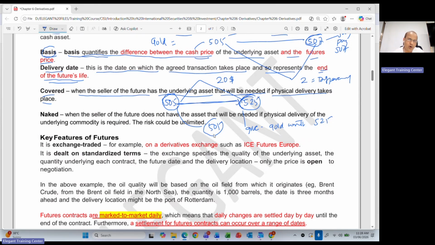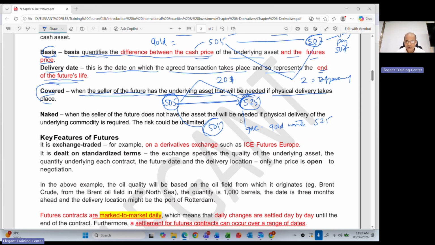Suppose I already have gold with me. It means it's covered. I am the seller, I have the underlying asset with me, and when you say, hey Aditya, I want delivery, I can give you the gold because I already have gold with me. That's called covered. Suppose I don't have gold with me. What will I do? I will take your 505, go to the market, buy gold at 525 and give it to you.